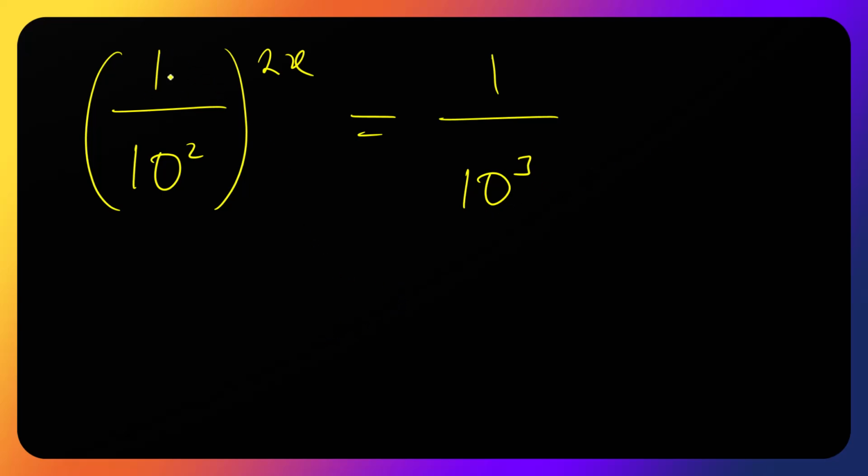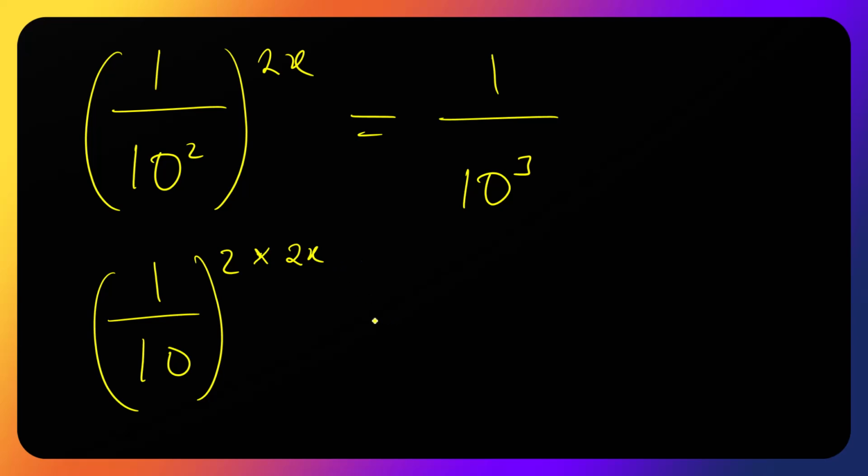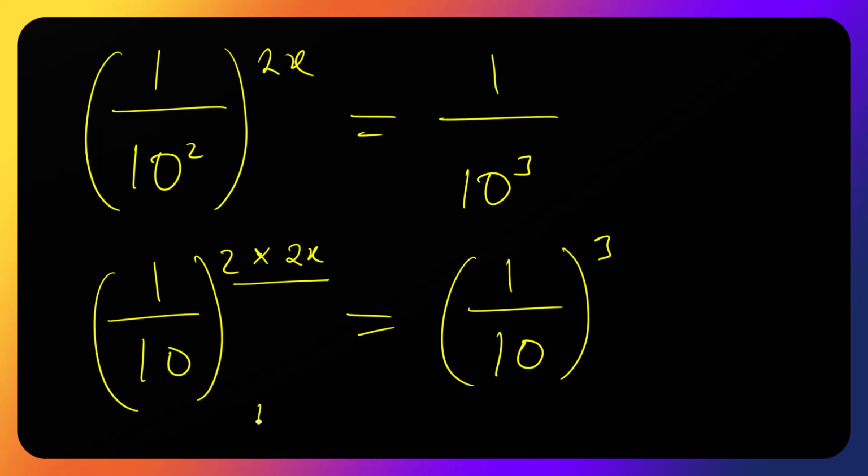Because this side is 1, we are free to bring this up here. So that will be 1 over 10 all squared, and remember this one is there already, so they will multiply: times 2x. And we are free to bring the 3 out: 1 over 10 all raised to 3. When I multiply this, that will be 4x.